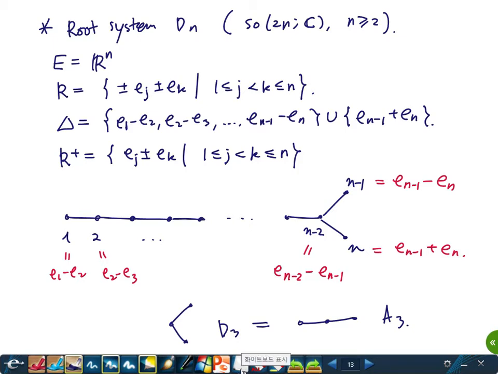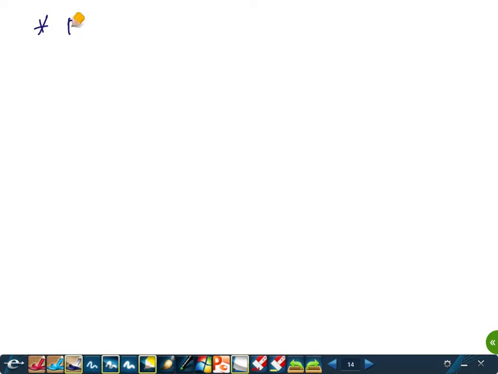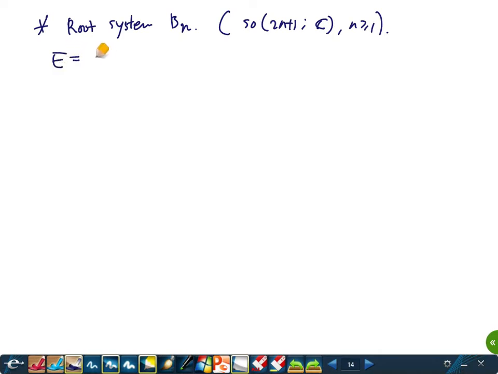Okay, what about B? Root system B_n. This is the root system of the Lie algebra SO(2n+1, C). Again, E is the same.